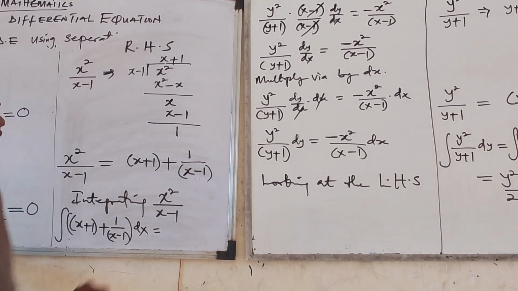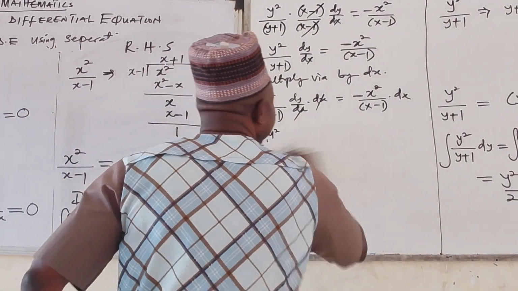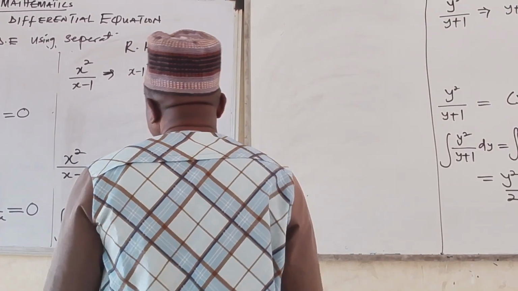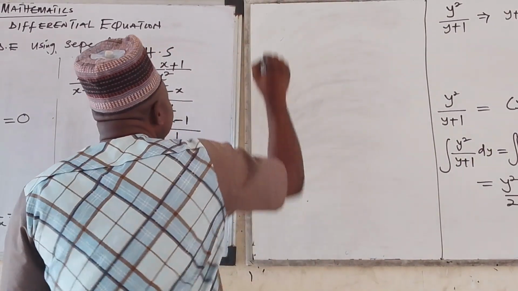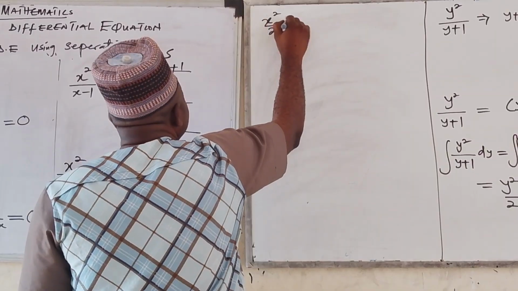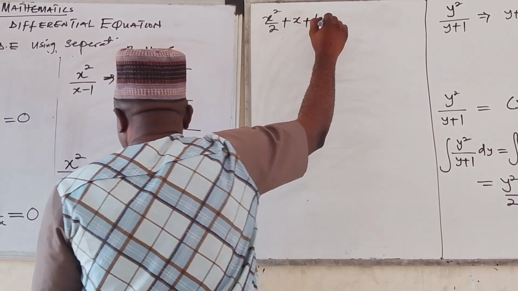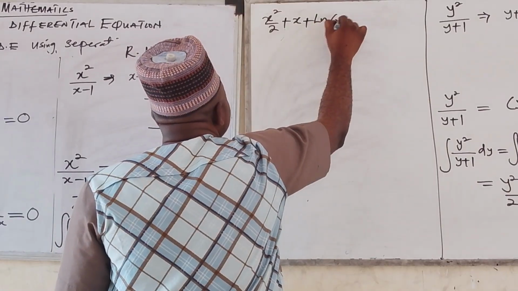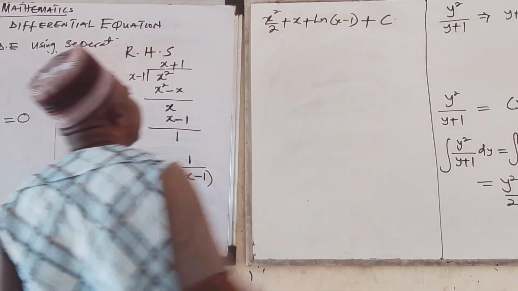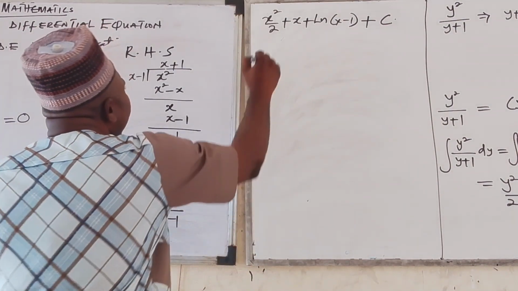So when you integrate x plus 1, it will give x squared all over 2. Then here we have plus x. Then here we have plus ln x minus 1. Then we have plus constant. Yes, plus constant.